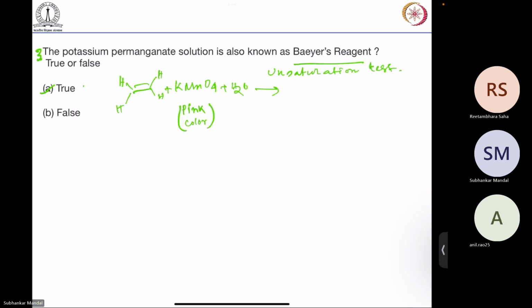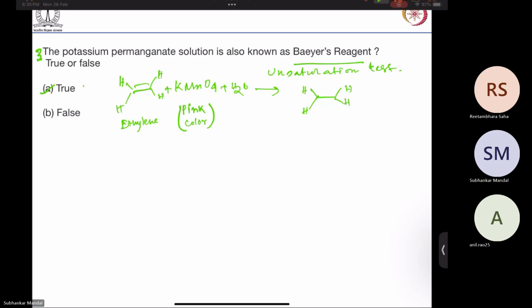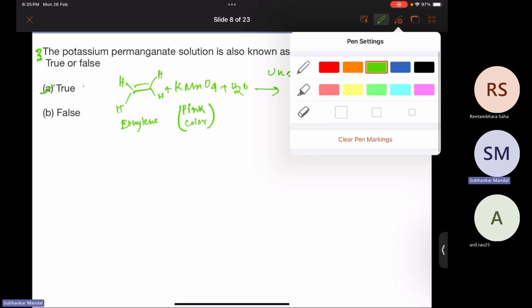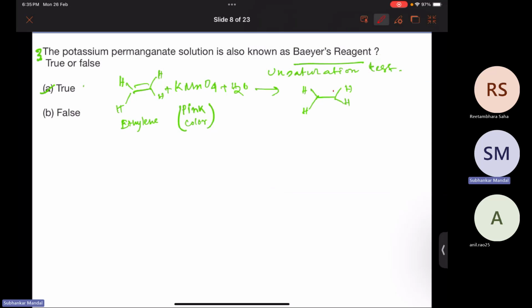If you add it to ethylene, it will oxidize the ethylene and form hydroxyl groups.